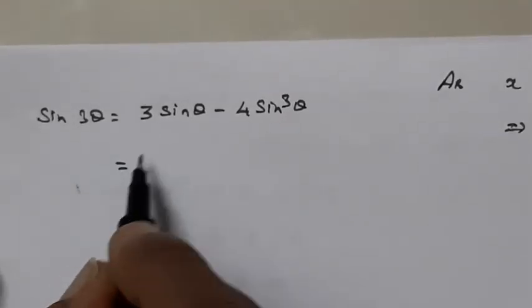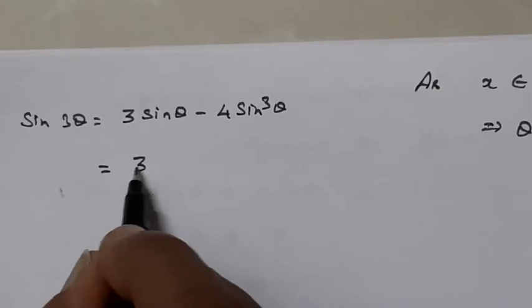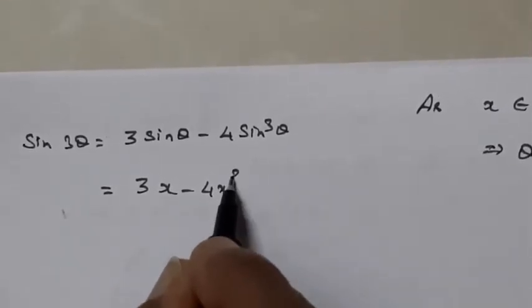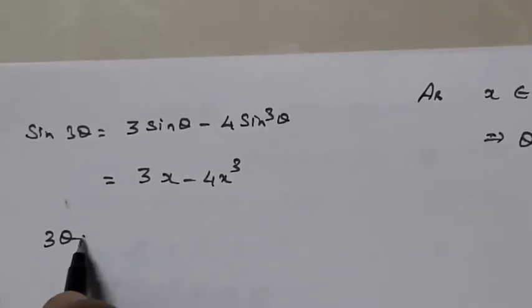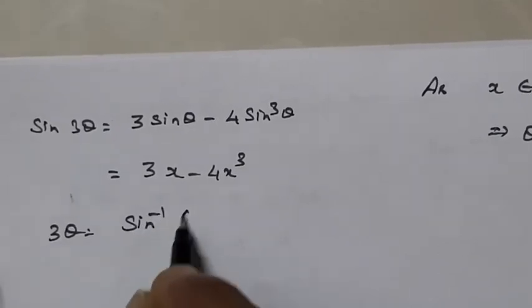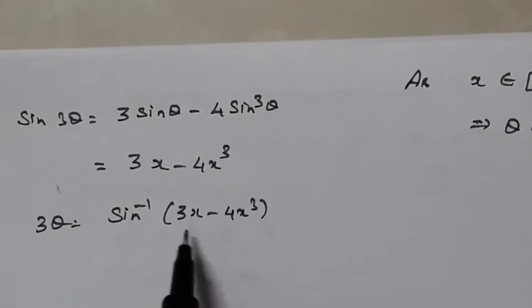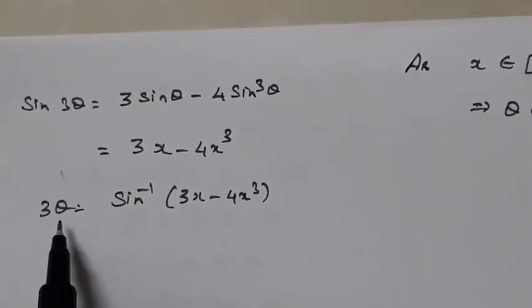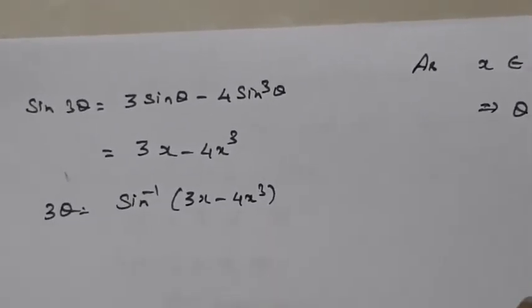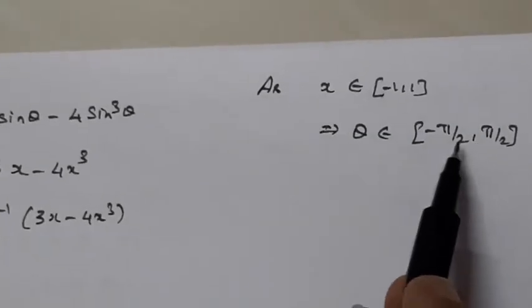Okay. Now, replacing sin theta by x, we have 3x minus 4x cube, or 3 theta is equal to sin inverse of 3x minus 4x cube. So, sin inverse of 3x minus 4x cube is equal to 3 theta, and theta belongs to the range minus pi by 2 to pi by 2.